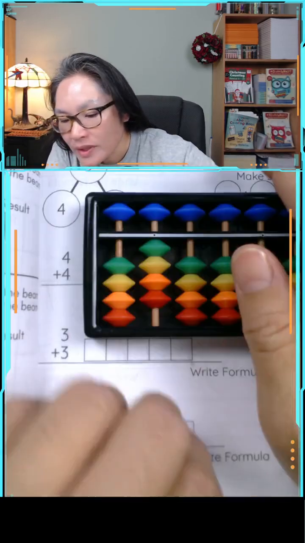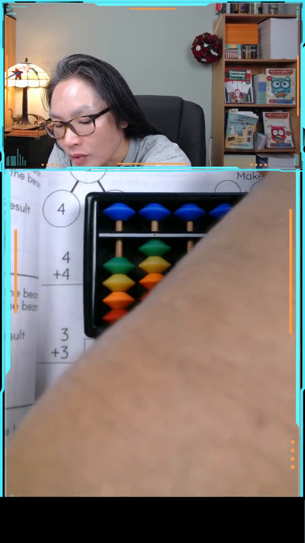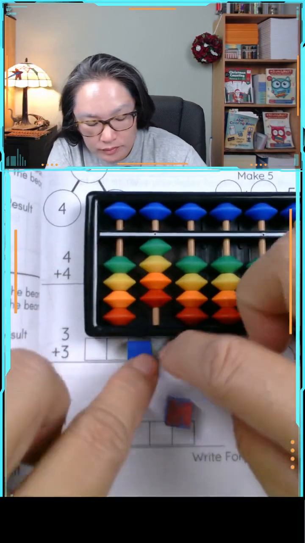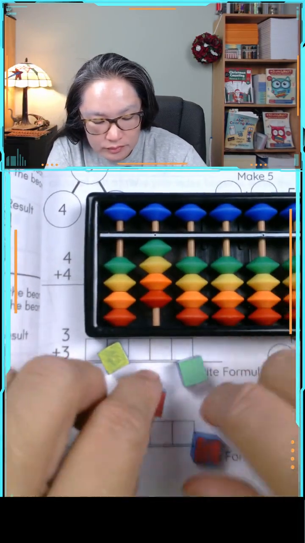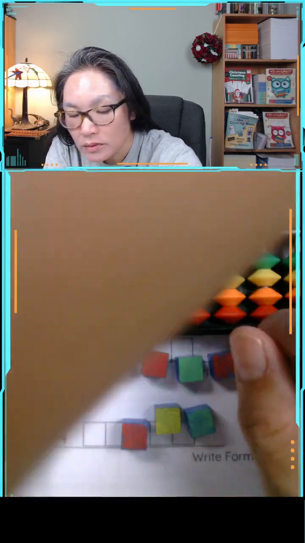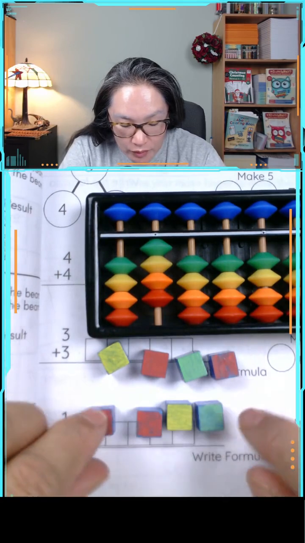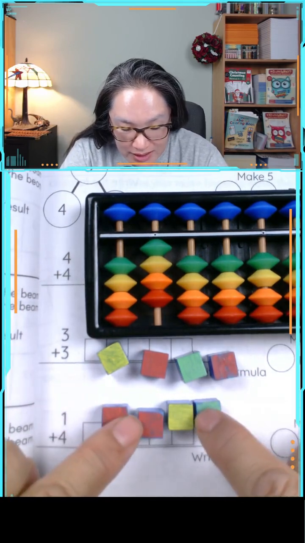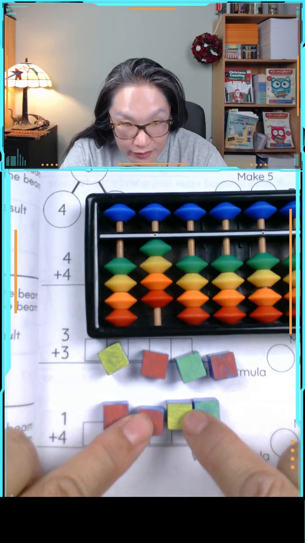Well, in Abacus world, we actually take our numbers like that. We want to add another 4. We're adding another 4 like this. But instead of counting up, what we're going to do is round this up to a 5.